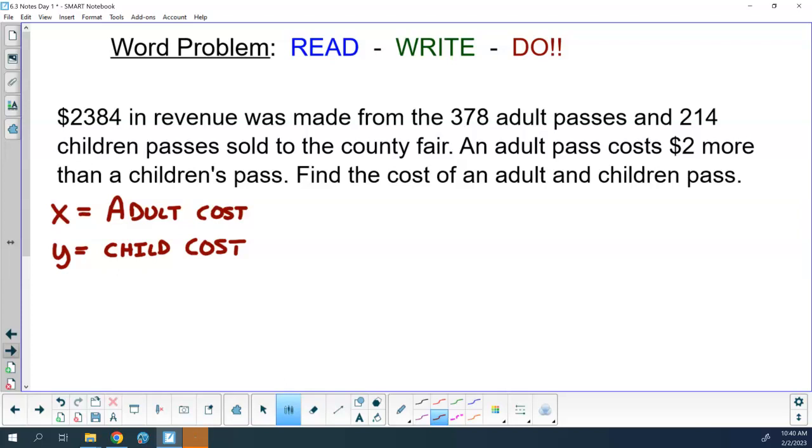Love it. We sold 378 adult passes at a cost each of X dollars. We sold 214 children's passes at a cost of Y dollars, and we made $2,384 total. So that's 1 equation. We need a second.